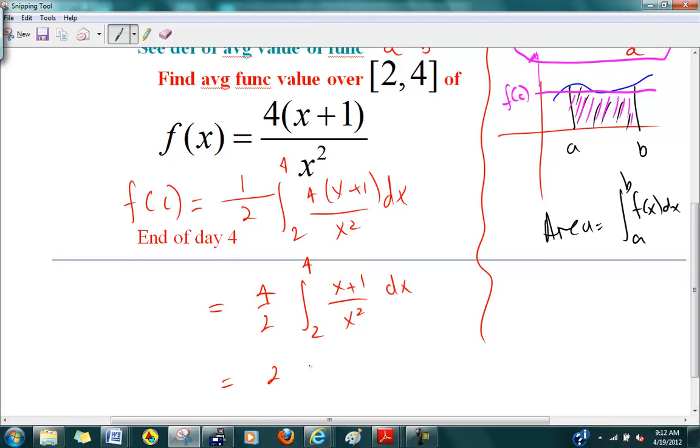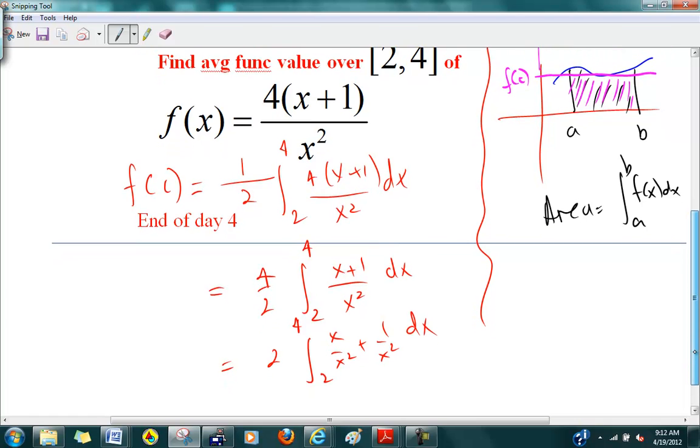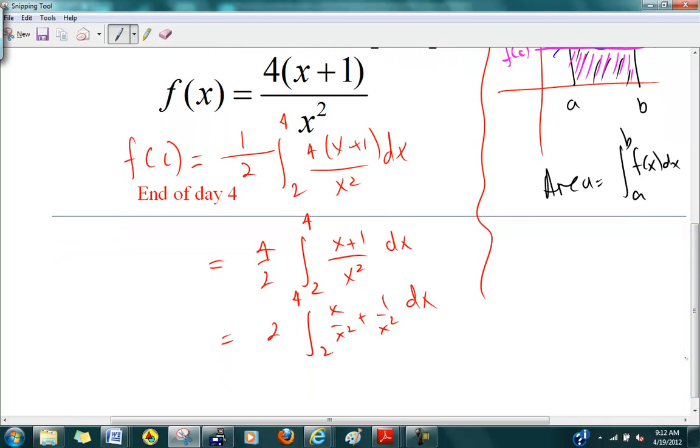So this is going to be 2, integral from 2 to 4, of x over x squared plus 1 over x squared dx. This is about the 4th time that we're seeing this trick, just in the last 4 days. So you know that this is equal to 2, integral from 2 to 4, of 1 over x plus x to the negative 2 dx. Now you should be able to check this.